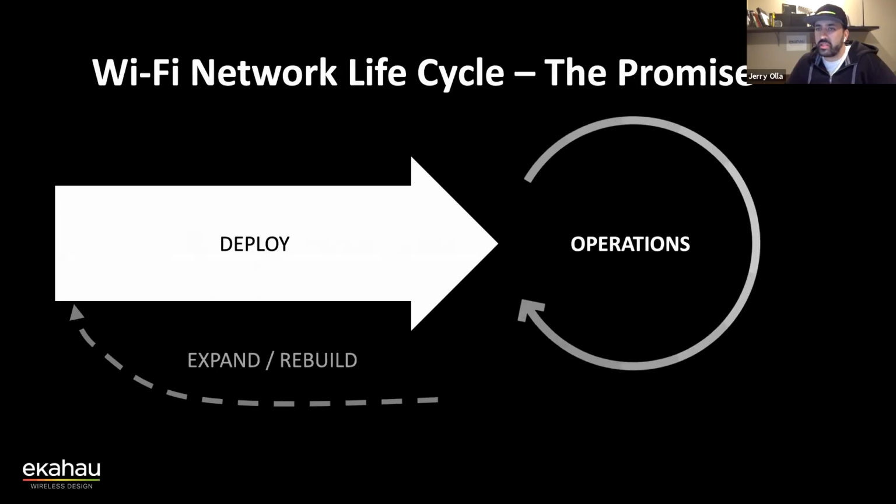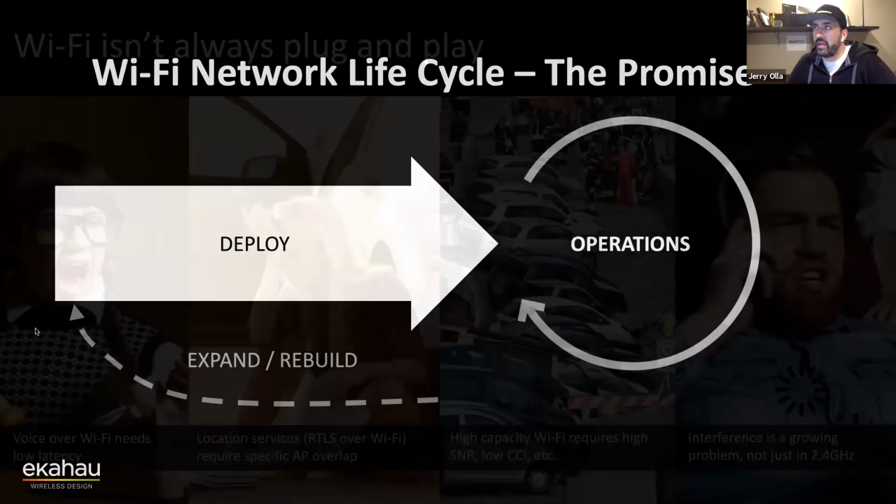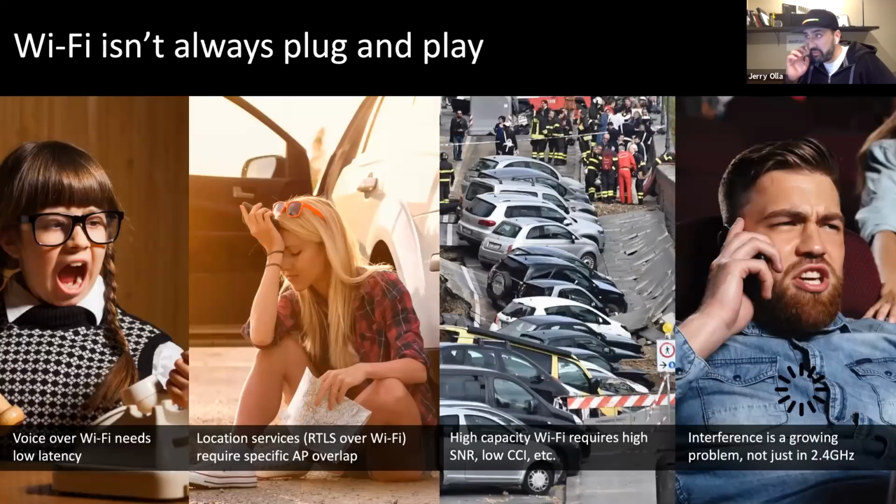But as wireless engineers and people working in the space, we know that's not always the reality. It's not always plug and play. We've got more and more complexity being put onto these Wi-Fi networks. There's more demand for latency-sensitive applications and usage like voice over Wi-Fi. We have things like location-based services that utilize the Wi-Fi signals.